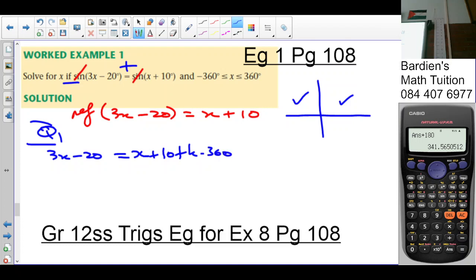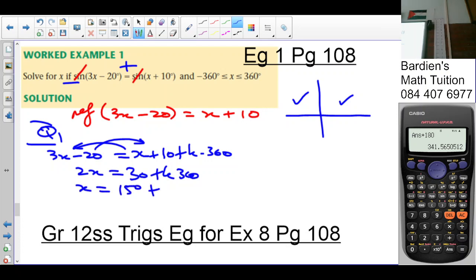We've done this in grade 11 as well. Why k times 360? The period of the sine graph is 360. So bring that over: 3x minus x gives 2x is equal to 10 plus 20 is 30 plus k times 360, divided by 2. So x is equal to 15 degrees plus k times 180.